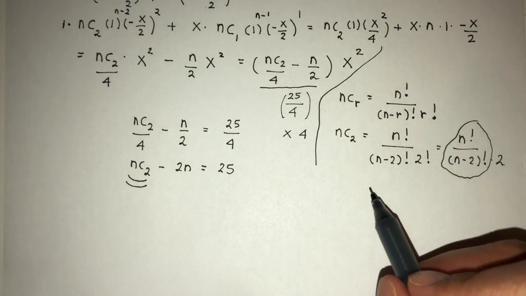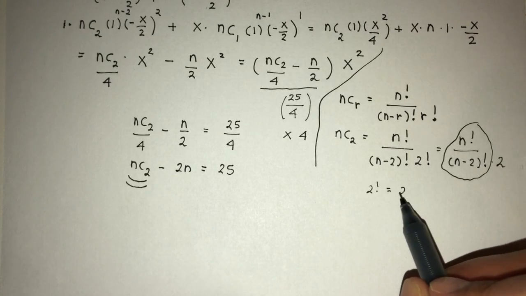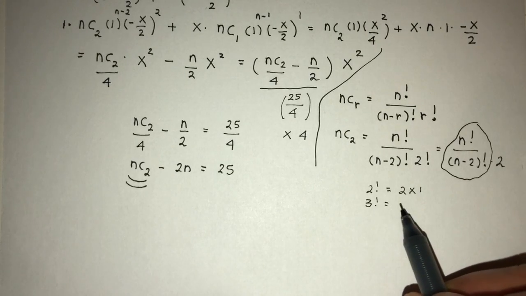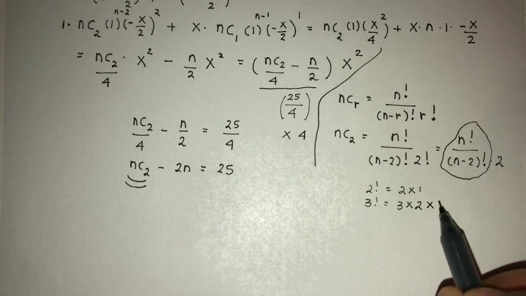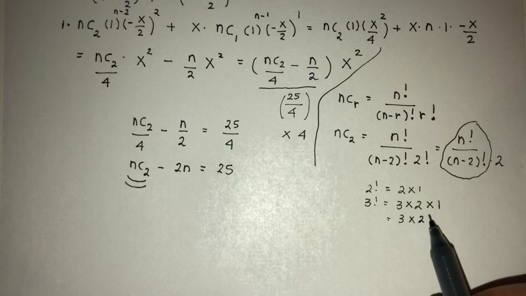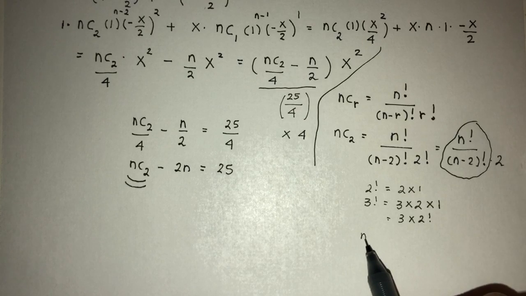So first, what is 2 factorial? For example, you would say this is 2 times 1. What is 3 factorial? It is 3 times 2 times 1, but it can also be written as 3 times 2 factorial, right? So same way, n factorial is what?